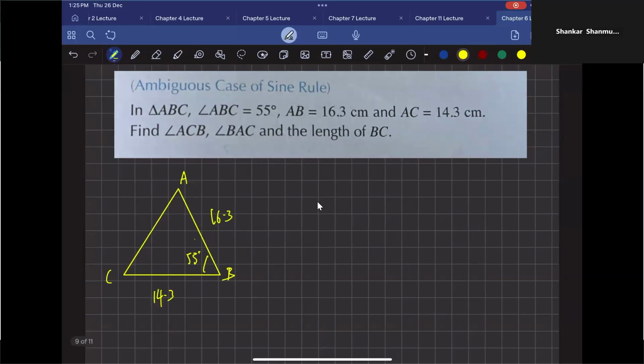So sine angle ACB over 16.3. If you use sine rule, that's how we do it.